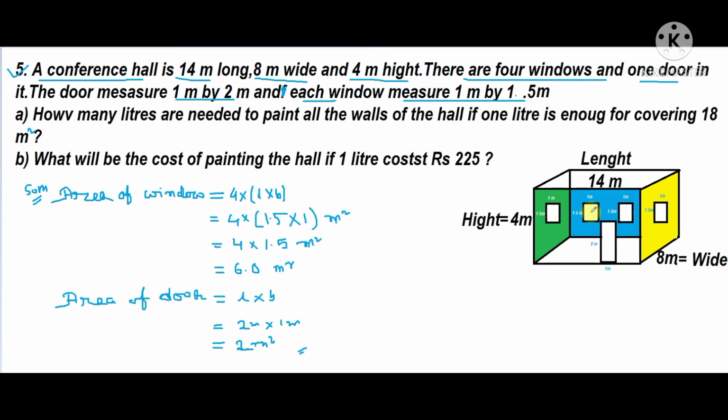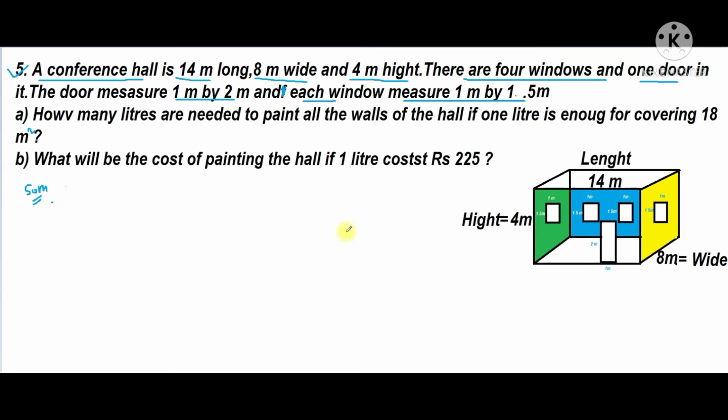So next we'll write area of the walls. This is called surface area, because we need to paint four sides.